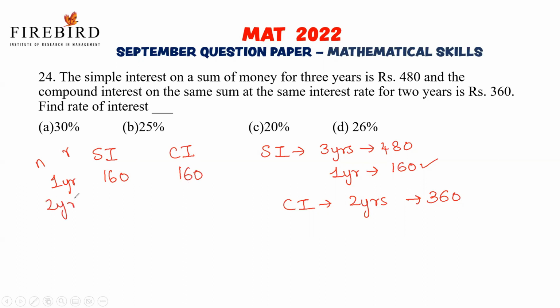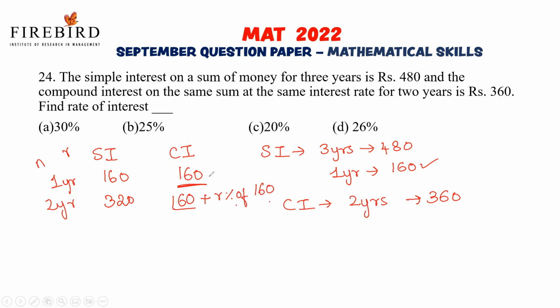In the second year, the interest will become 160 plus 160, 320. While calculating compound interest for the second year, we will calculate the rate of interest based on the investment. The interest is 160, and also I'll take our percentage of the first year interest value.